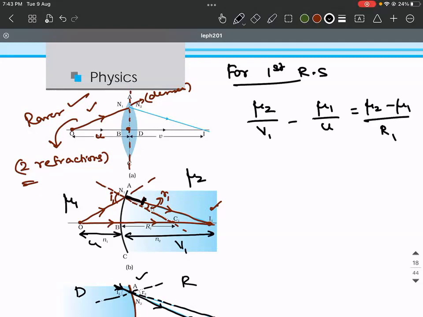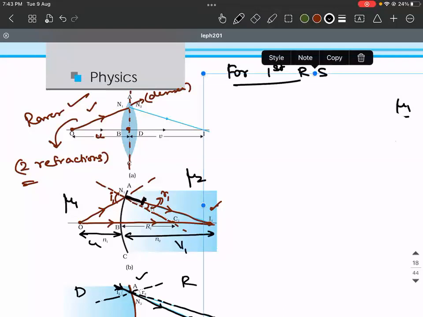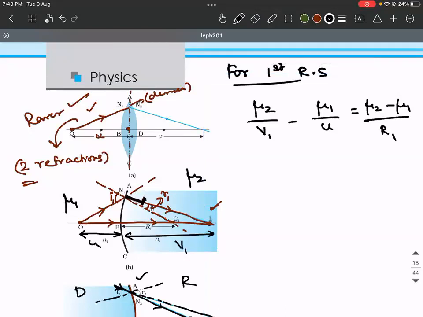If you observe an important point, I didn't apply sign convention for u. Can you tell me the reason? This is a scenario where I didn't apply it, because this is only a situation which we are assuming.